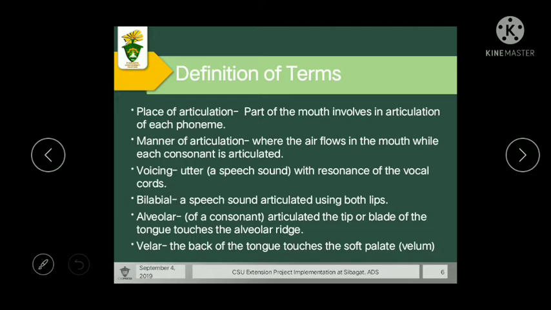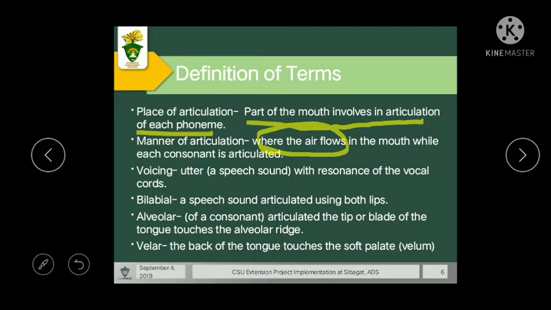Before we proceed, let's first define some terms. Place of articulation is the part of the mouth involved in articulating each phoneme. Manner of articulation is where the air flows in the mouth while each consonant is being articulated. Voicing is the utterance of speech sounds with resonance of the vocal cords; here you can identify if the consonant is voiced or unvoiced.